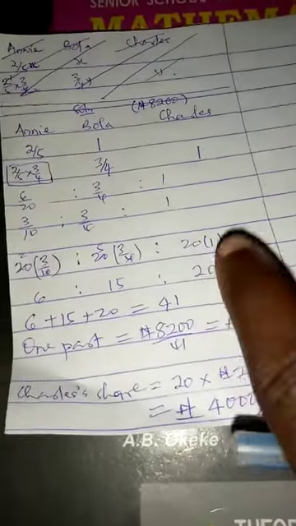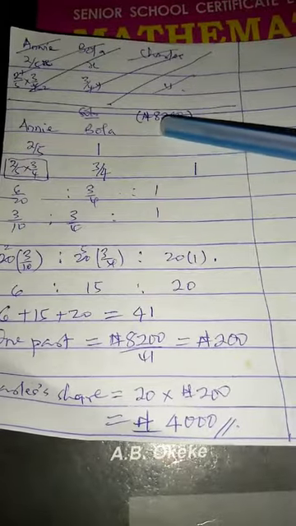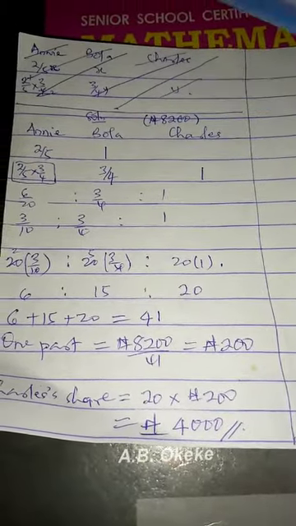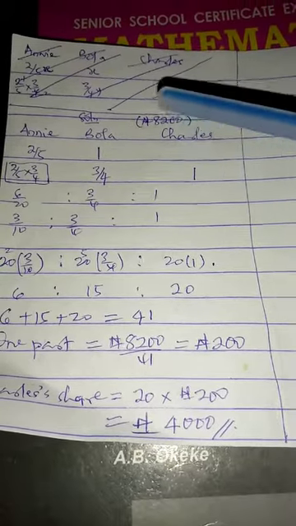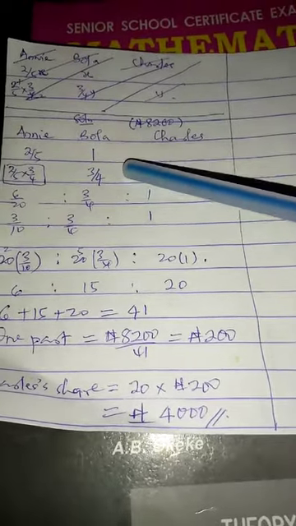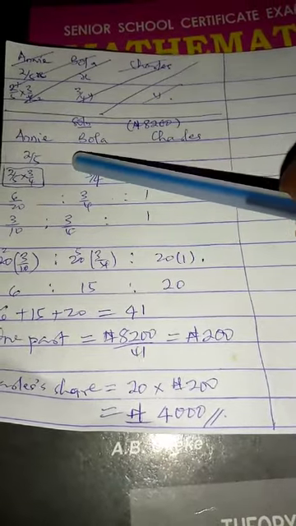This is what you will do. You share them this way. Ani, Bola, Charles sharing 8,200 naira. For 1 of Bola, Ani gets 2/5.